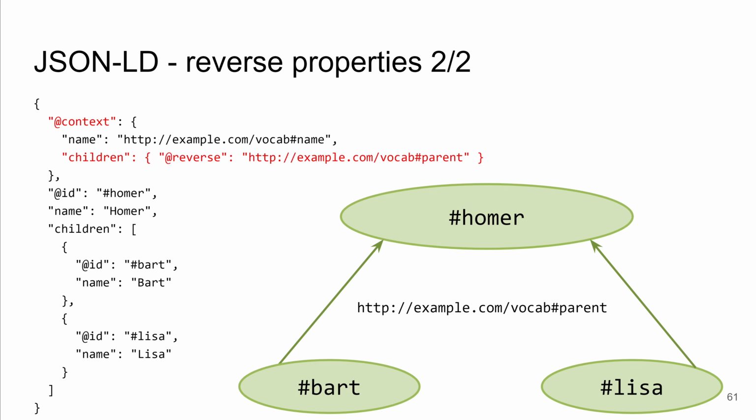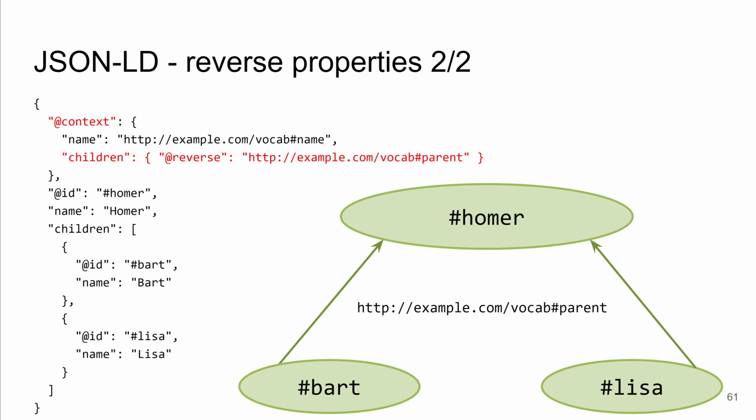This is actually how a JSON developer would do this. When we first take a look at the plain JSON part of the data, we have Homer, who has children, and children is an array with two items, Bart and Lisa. And we need to translate this into the RDF data model using the parent predicate in the reverse direction, and we specify this in the context.